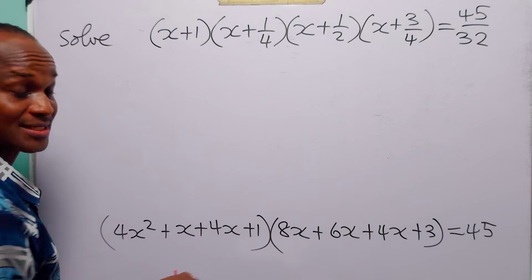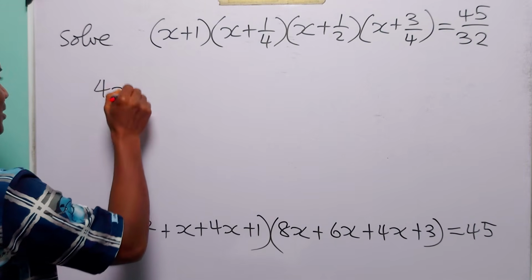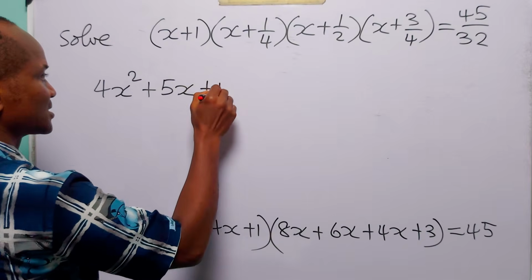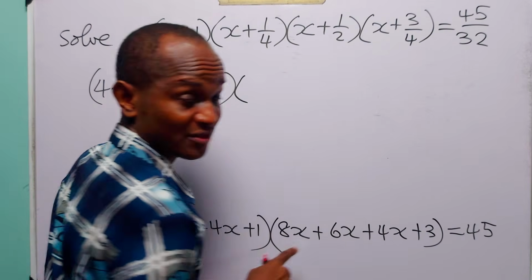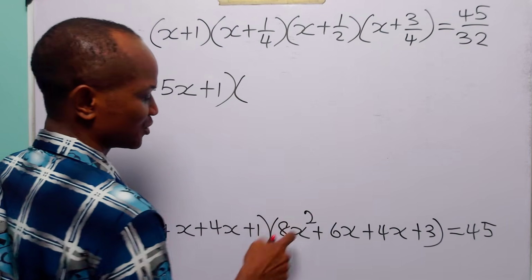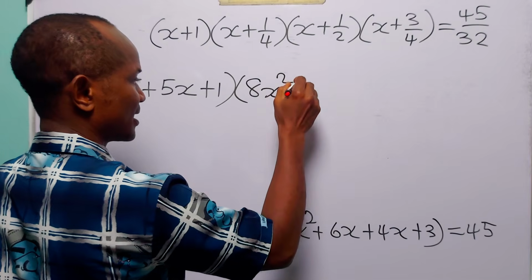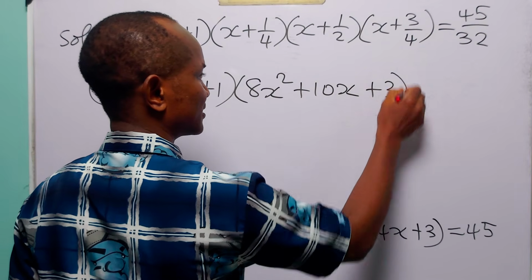x plus 4x is equal to 5x. So here we have 4x squared plus 5x plus 1. 6x plus 4x is equal to 10x. So here we have 8x squared plus 10x plus 3.